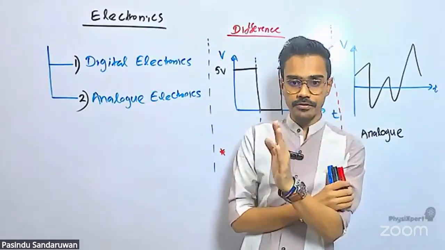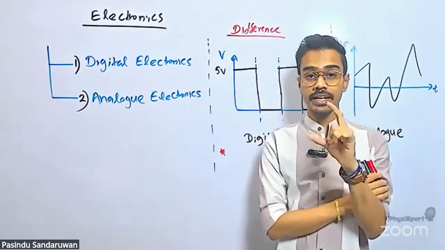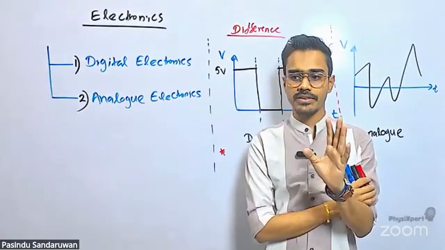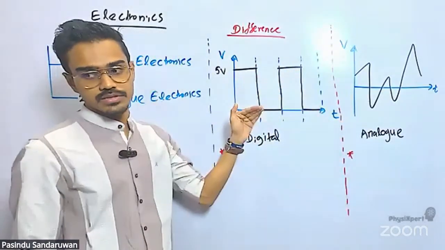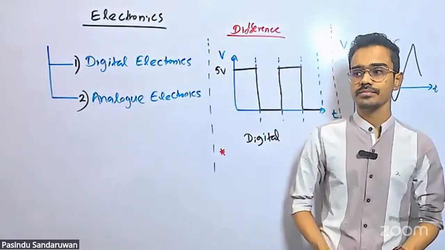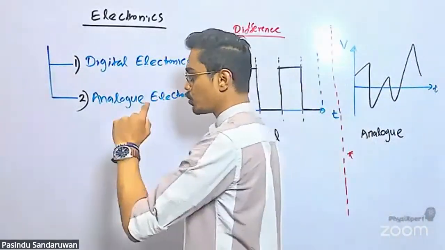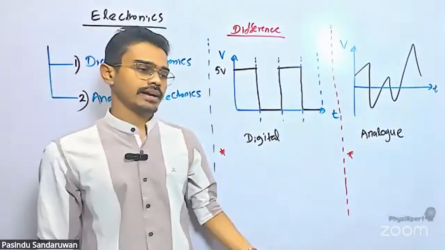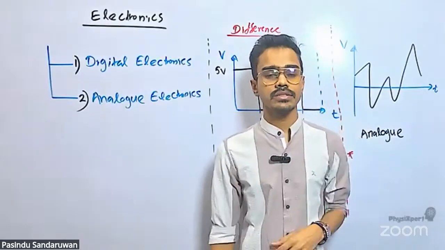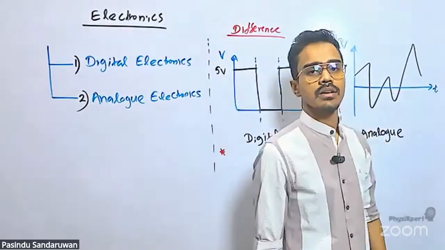Not in between, only in two values. It is either 5 or 0. Underline or highlight "in two values". Within brackets, write down 0 or 5 volts.